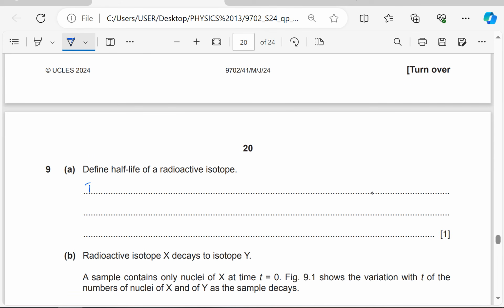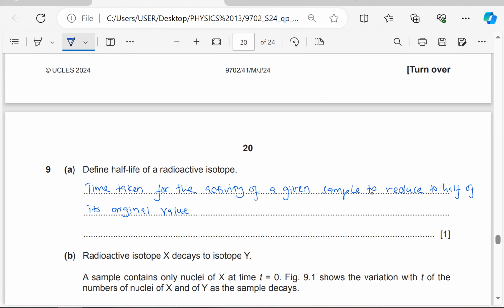So I'll simply say time taken for the activity of a given sample to reduce to half of its original value.